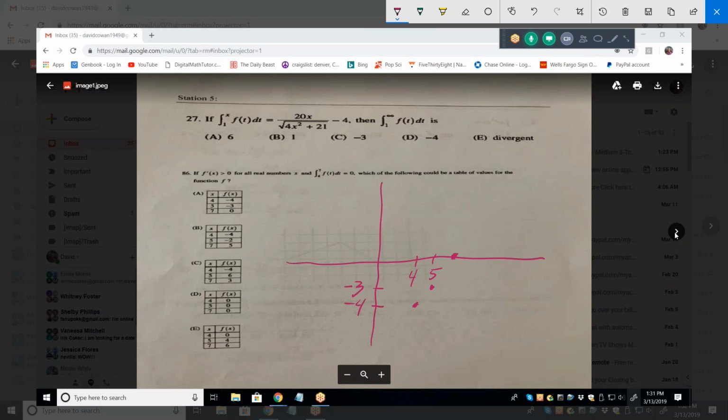And we know that if I connect those 3 points, the area right in here between the x-axis and that curve is not 0. Now, you might say, well, why can't the curve do this?